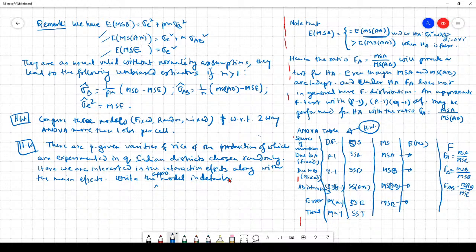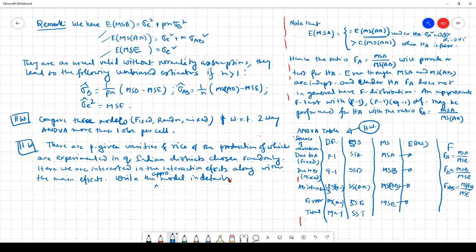I can read this again. There are P given varieties of rice, the production of which are experimented in Q Indian districts chosen randomly. Here we are interested in interaction effects along with main effects. Write an appropriate model in detail.